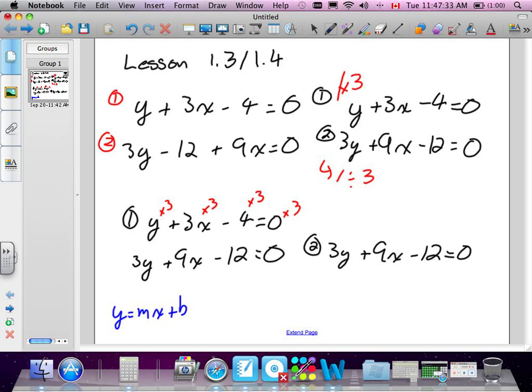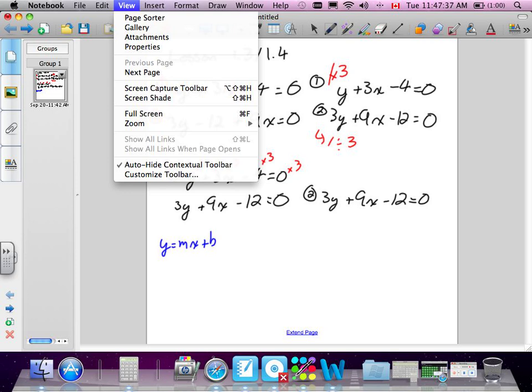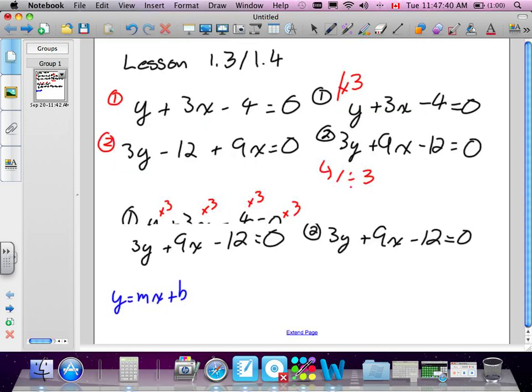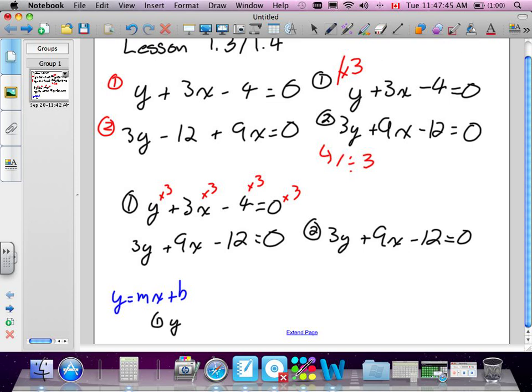So we'll go back to the original equations. Equation 1 was y plus 3x minus 4 equals 0. And equation 2 was 3y minus 12 plus 9x equals 0.